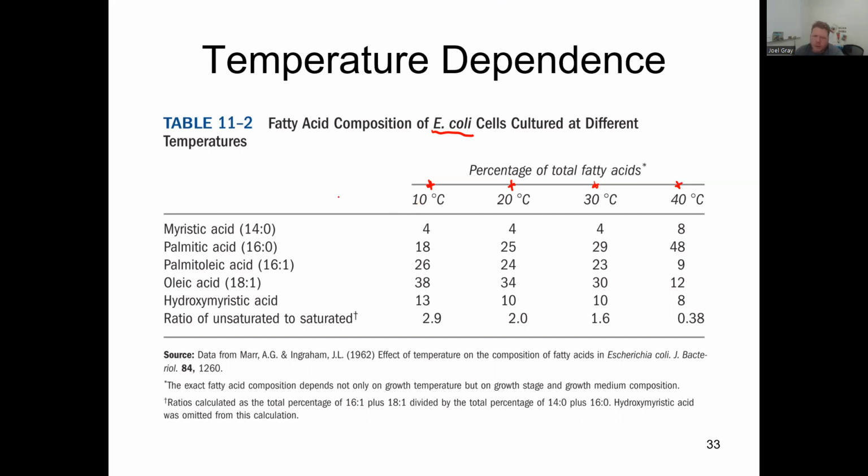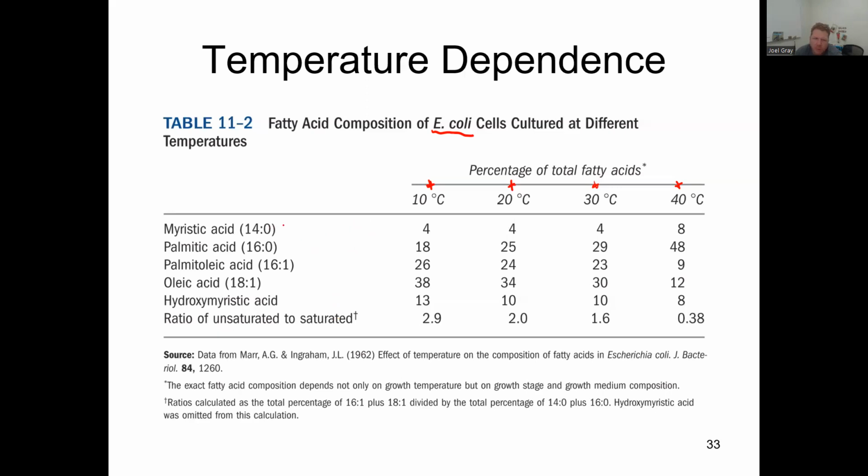So the researchers for this paper sought to understand, well, what's the composition of the fatty acids in the bilayers? What's the ratio of what fatty acids are present, and what do we learn about them?